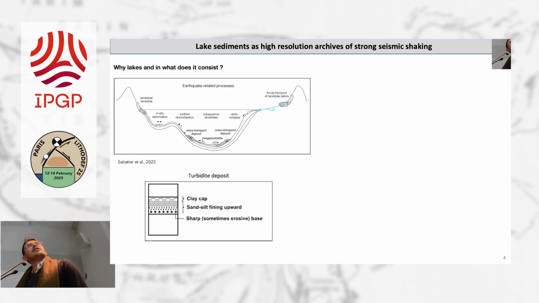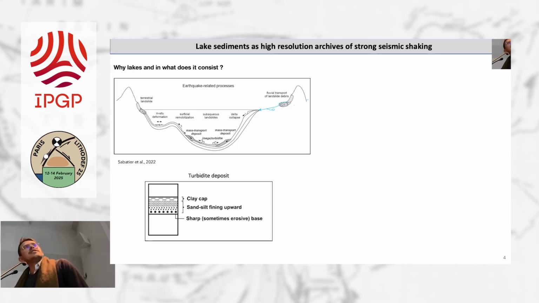So when an earthquake occurs in the nearby areas, it will destabilize the slope. It will eventually create a turbidity current that will bring all the material from the borders of the lake down to the depocenter. And if we take a look carefully at the depocenter, what we can see is first the background sedimentation, here represented by the white layer, and then some allogenous material, also called terrigenous material, coming from the borders of the lake.